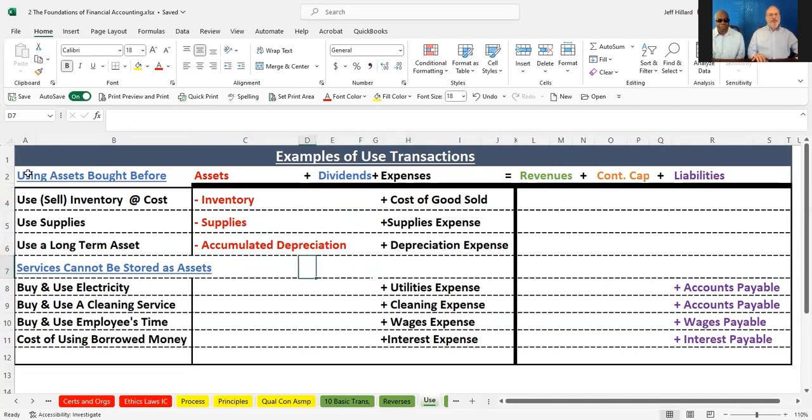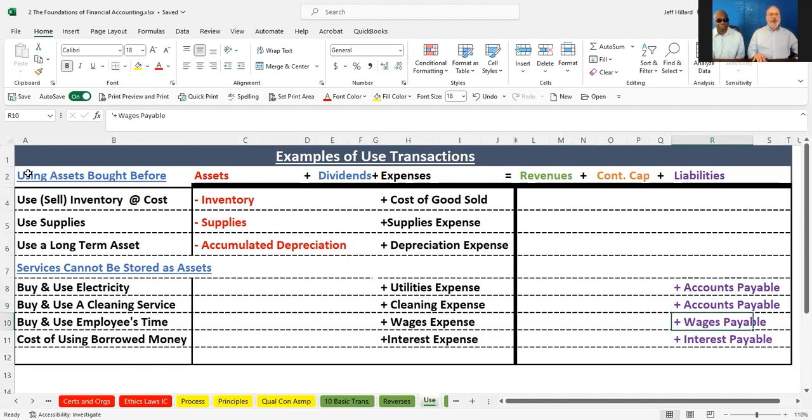The other way is if you buy a service and you can't store it, so it's immediately consumed. So if you have electricity, you consume that right away and you set it up as an account payable when you get the bill. Same thing with a cleaning service when they leave that day and give you a bill.